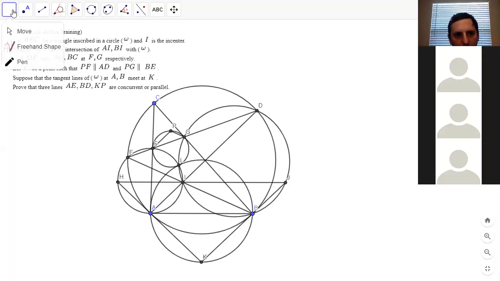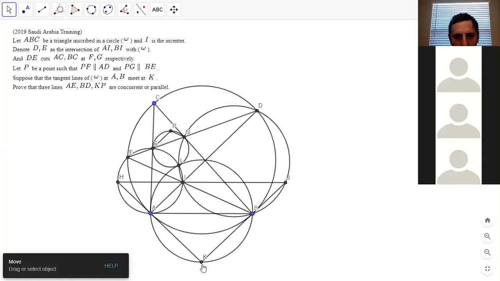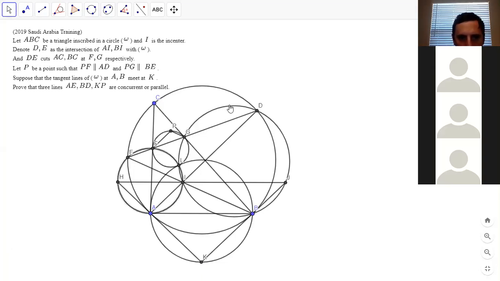Okay, so let's start. Did you prove that K lies on the radical axis of these two circles yet? It would be proven if we show that those four are collinear. So the first step is showing that. I guess I'm just thinking about the order we want to prove things in.